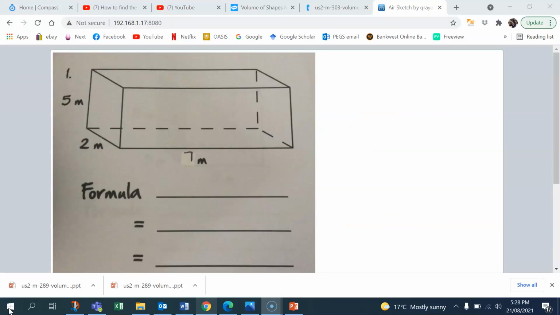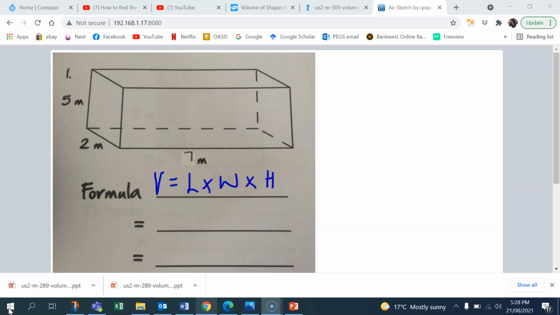Okay, here is a rectangular prism. Let's calculate the volume of the rectangular prism. Now, we know that the formula for volume is volume equals length times width times height.